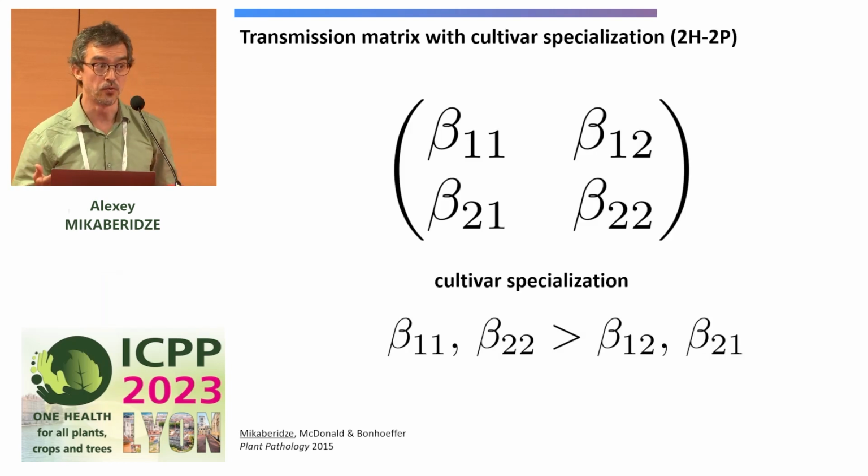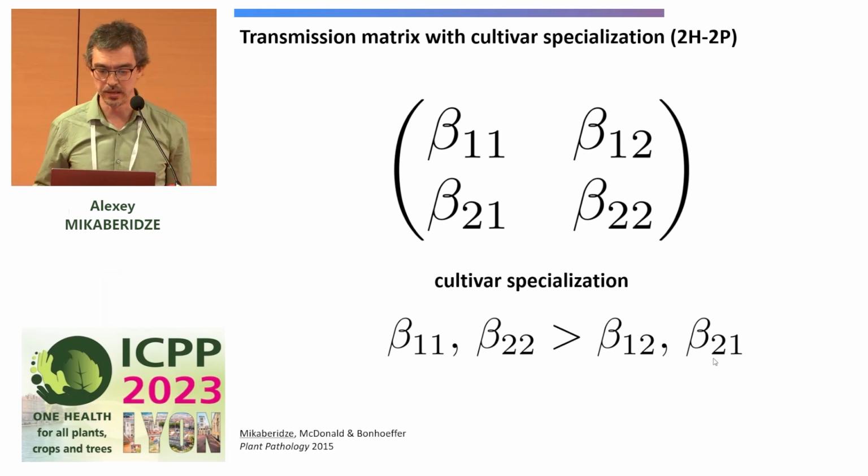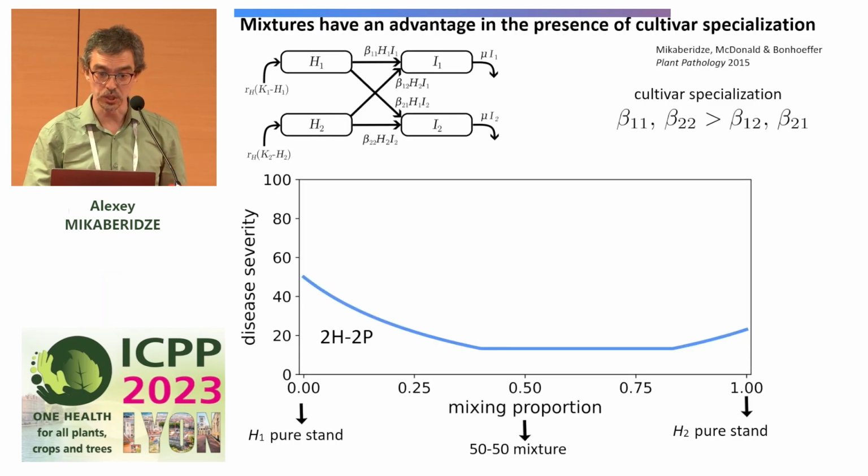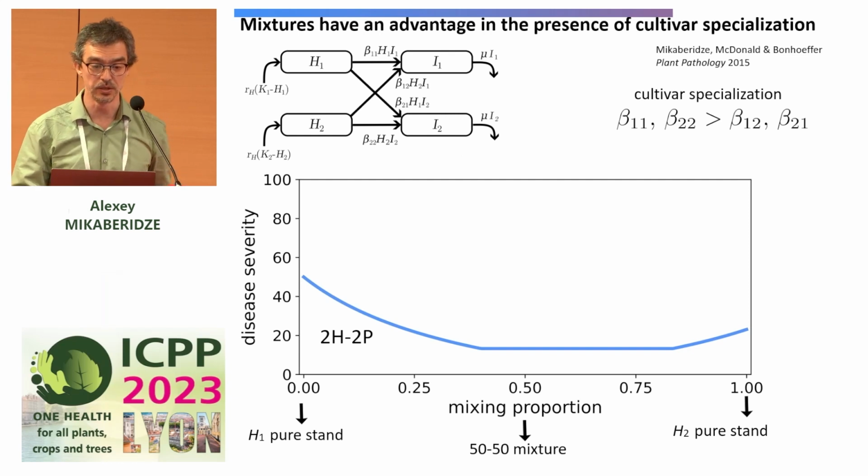And the condition for cultivar specialization is that the diagonal elements of this matrix are higher than the non-diagonal elements. This simply represents the fact that transmission is higher on the preferred cultivar for a particular pathogen subpopulation. And so in this case, when we have cultivar specialization, we have a more interesting, non-trivial outcome.